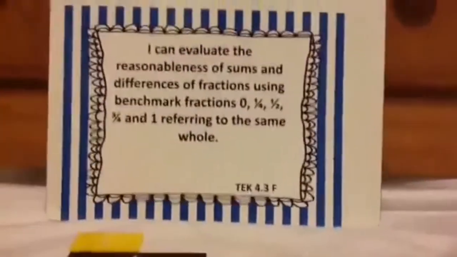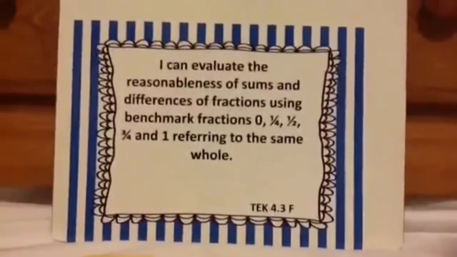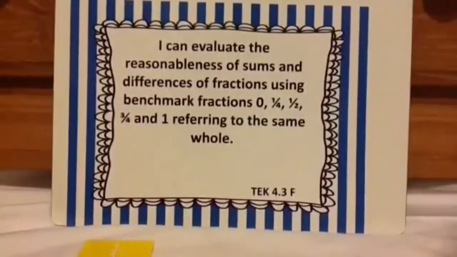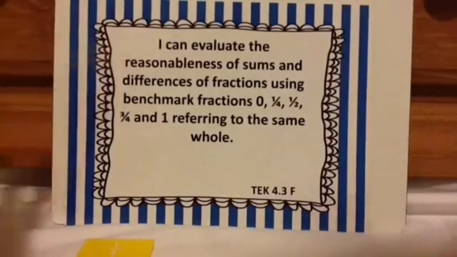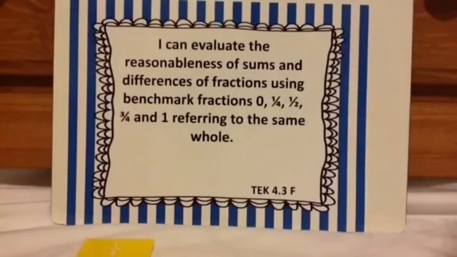We are going to look at a bunch of different fractions and decide where it would go on a number line, which one it is close to, and then give a reasonable estimation of where it could be.